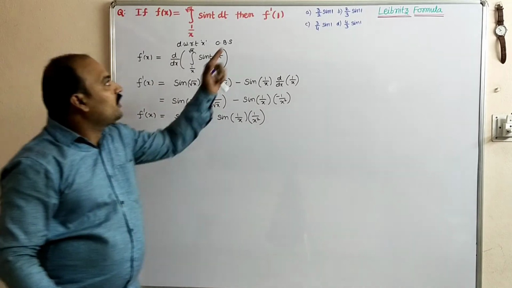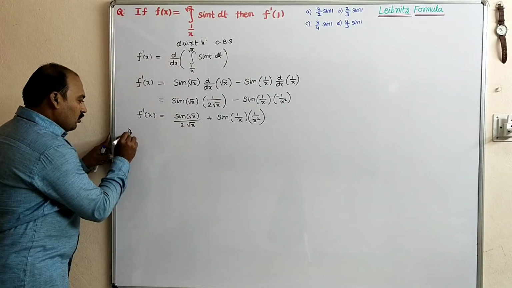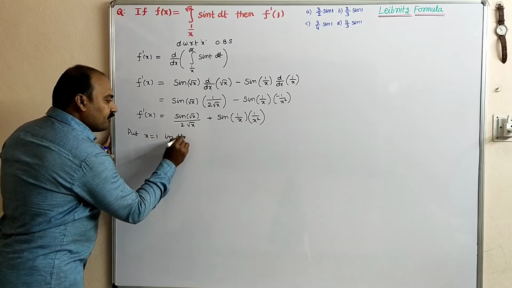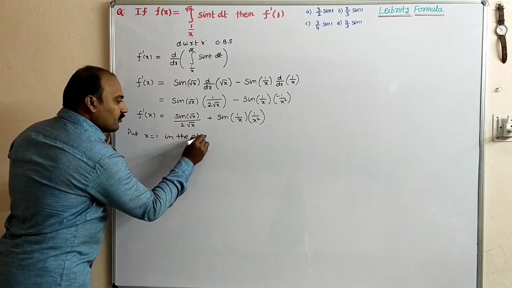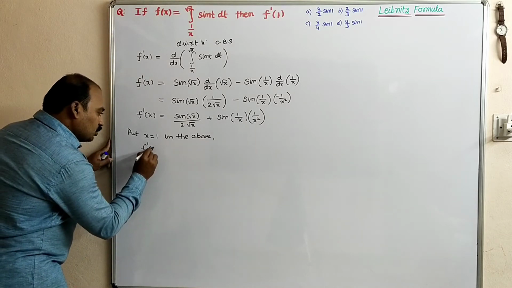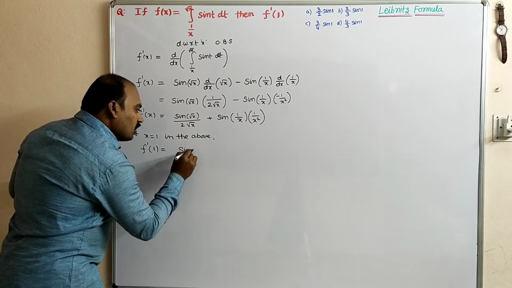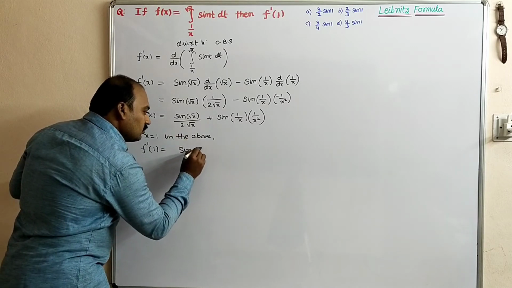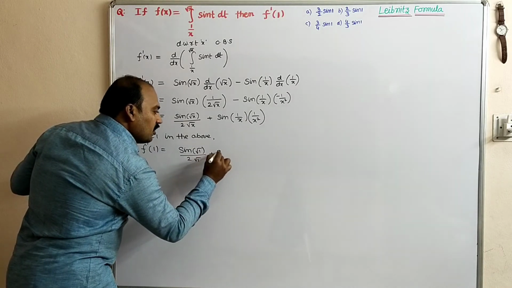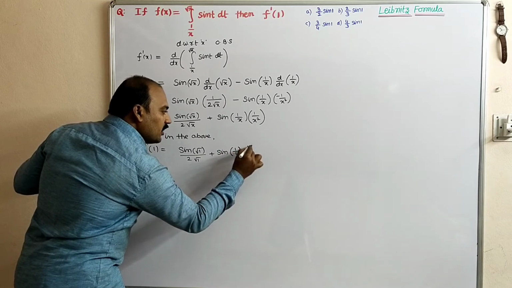But we want f dash of 1. Put x equal to 1 in the above. So f dash of 1 equals, wherever x is there, sin root 1 divided by 2 root 1 plus sin of 1 by 1 into 1 by 1 square.